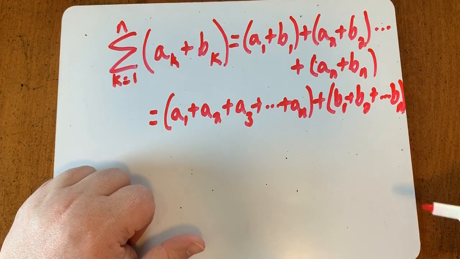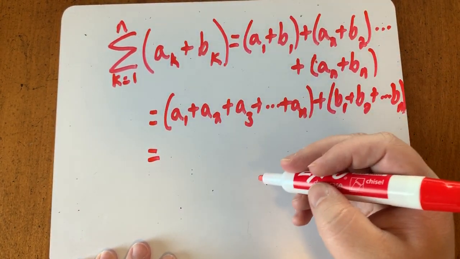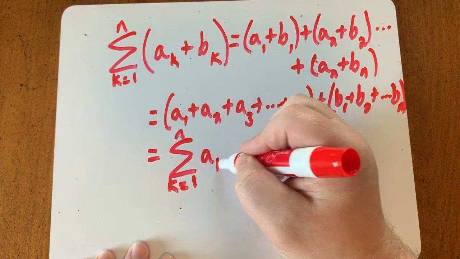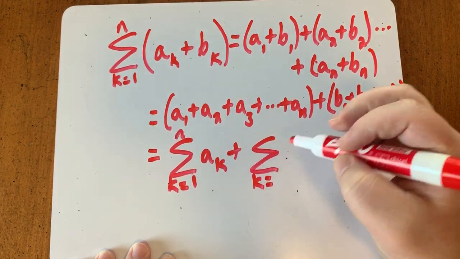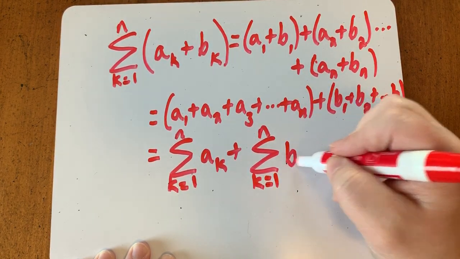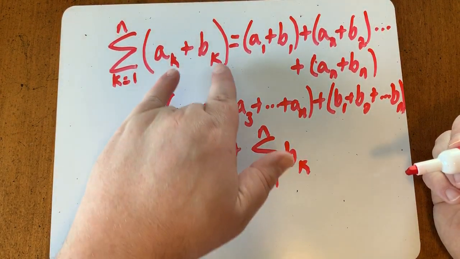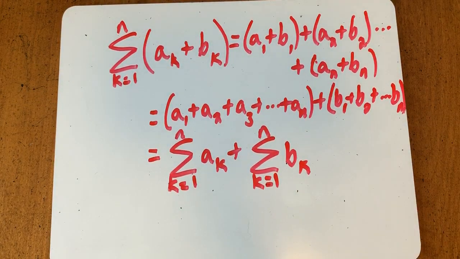So that's the sum of the first sequence, and that's the sum of the second sequence. So if you have a sum inside your sum, you can break it up as a sum of two sums. I know that's a lot of sums, but sometimes sum is what you gotta do.